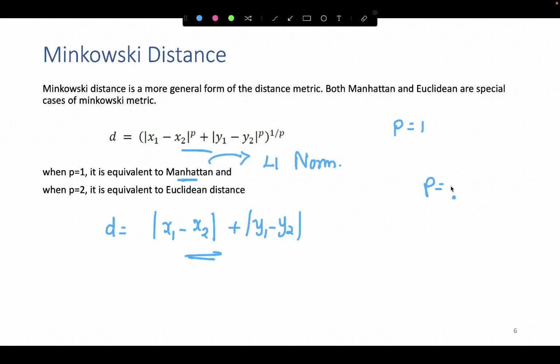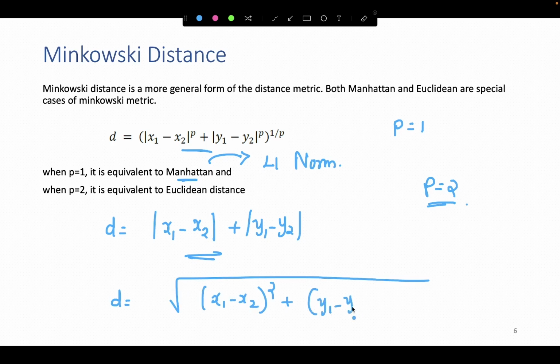When P is equal to 2, this Minkowski distance that you have represented using this formula will be same as that of your Euclidean distance, whole square plus y1 minus y2 whole square, because I have substituted the value of 2 in place of P here. So that gave me Euclidean distance. The Euclidean distance is also called L2 norm.